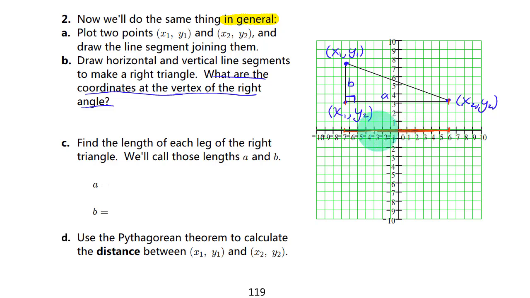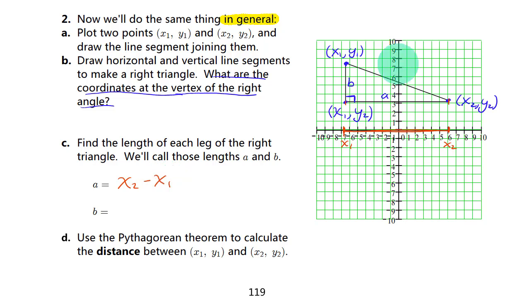So whatever that distance is between those x coordinates, so this is x1 here and x2 here, if you just subtract the bigger number minus the smaller number, you'll find out how far apart they are. So this is just going to be x2 minus x1.